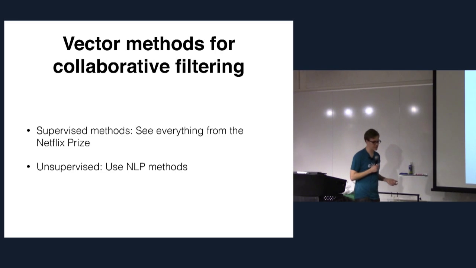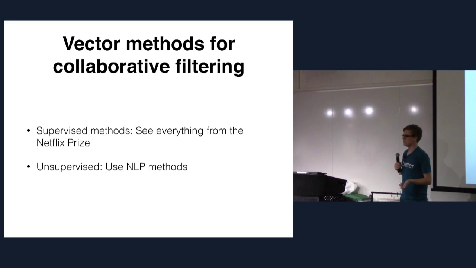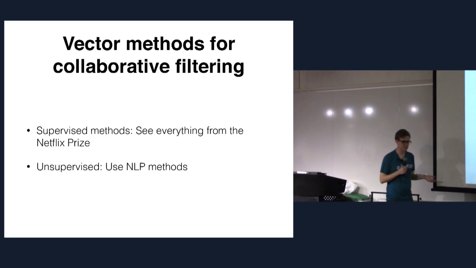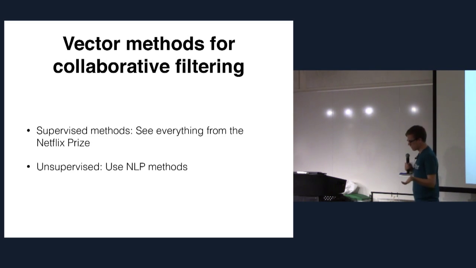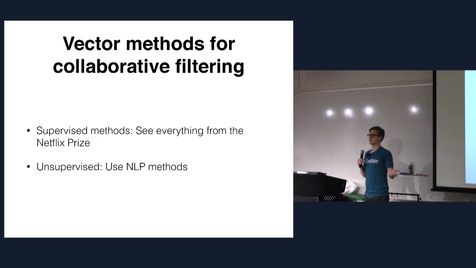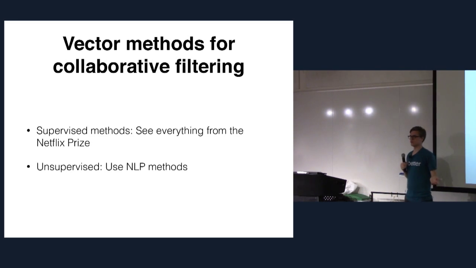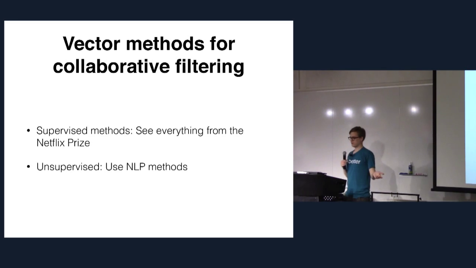I spent a couple of years at Spotify doing exactly this for collaborative filtering. So for music recommendations, we find a representation in some low-dimensional space for tracks, but also for users and playlists and artists and albums and stuff. A lot of matrix factorization methods came out of the Netflix prize.